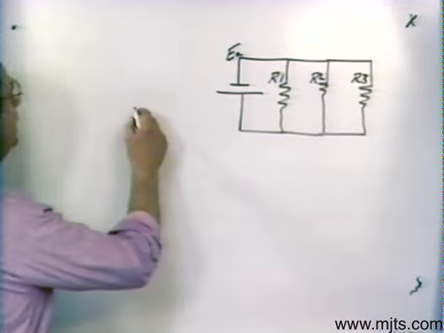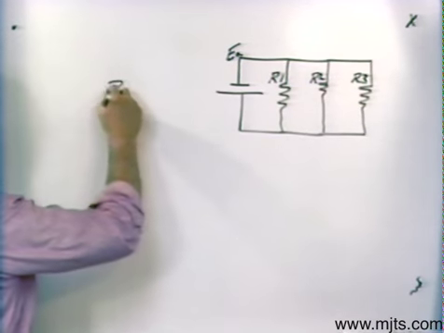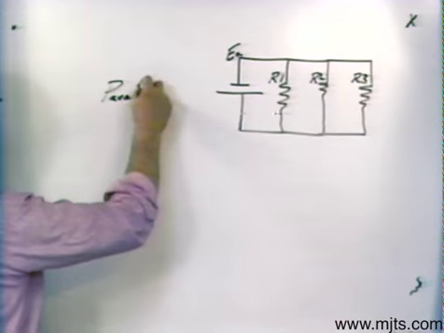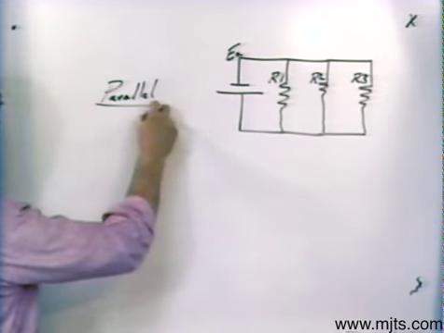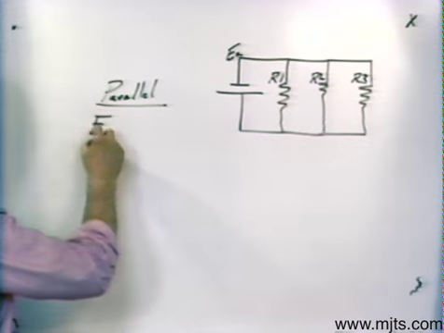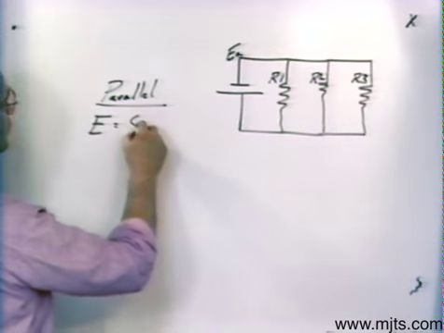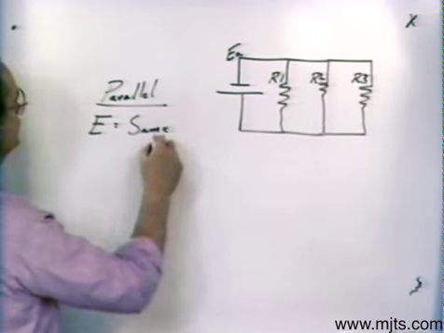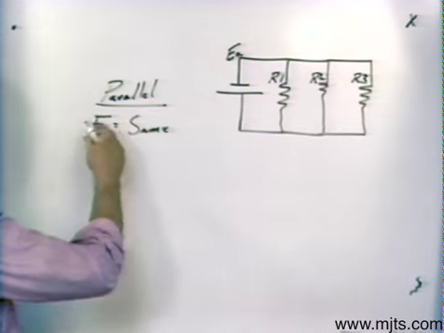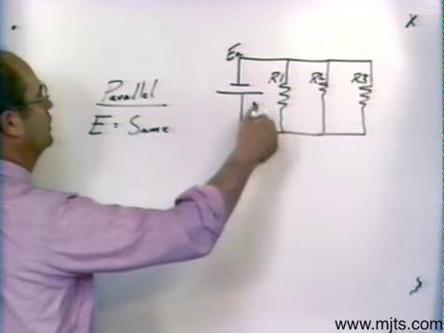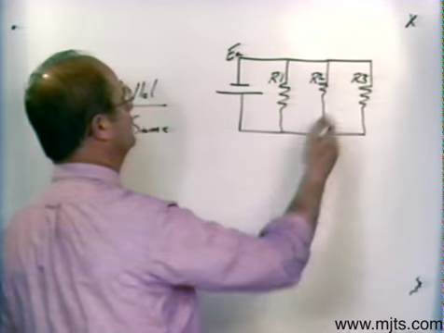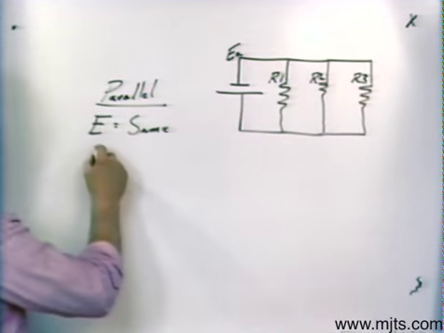Now, in a parallel circuit, our voltages will all be the same. So I'll write "same" for our voltages. All our voltages on our resistors in parallel will be the same.